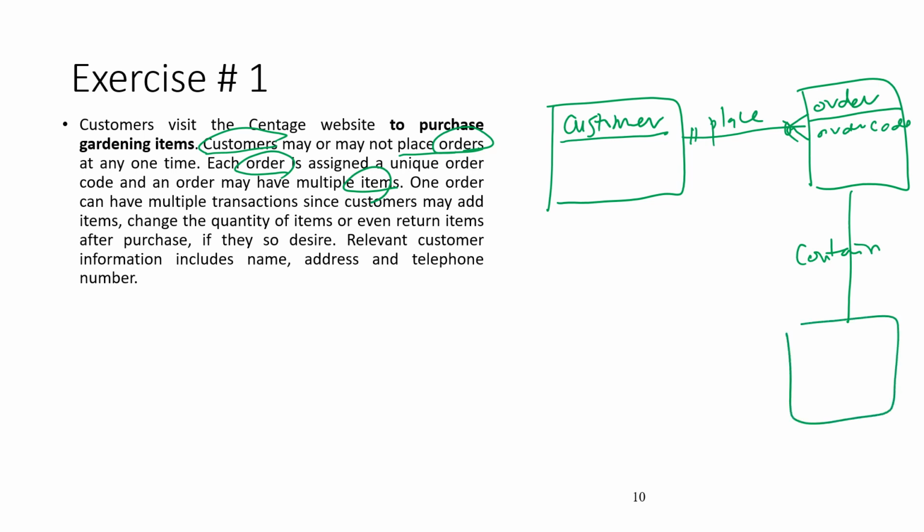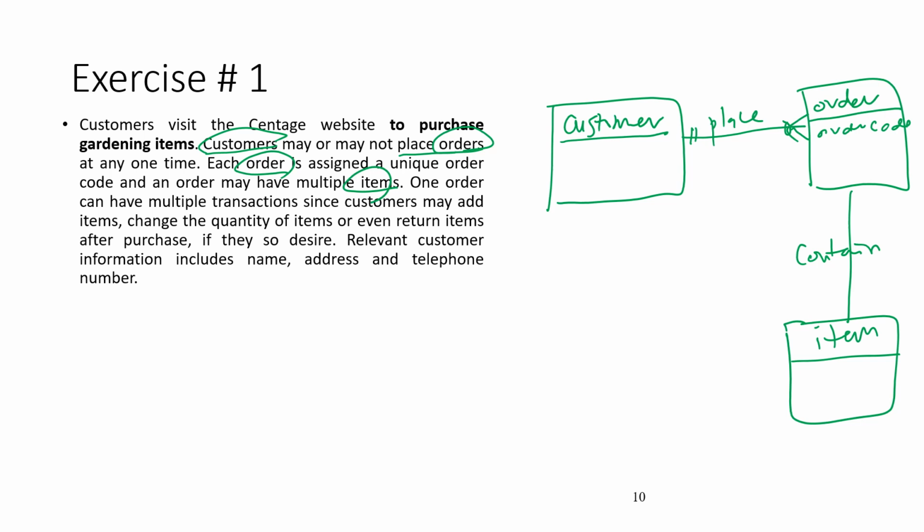One order can have multiple transactions. The customer may add items, change the quantity of items, or even return items after purchase. So this is a transaction. A customer places zero to many orders, and one order can have only one customer.